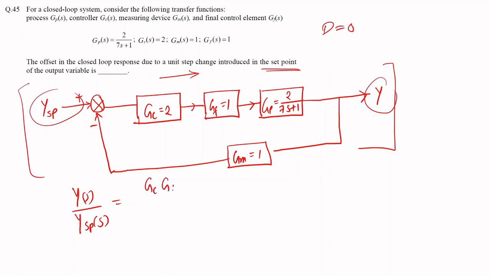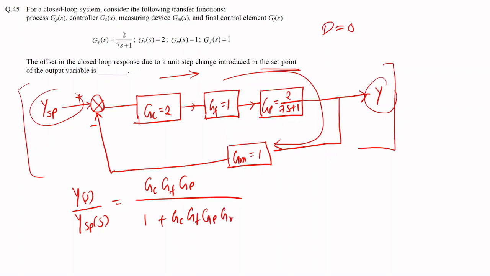The denominator will be 1 plus the multiplication of all the transfer functions in the loop, that is 1 plus GC, GF, GP, and GM. So we can replace the transfer function of each individual element and then simplify it.